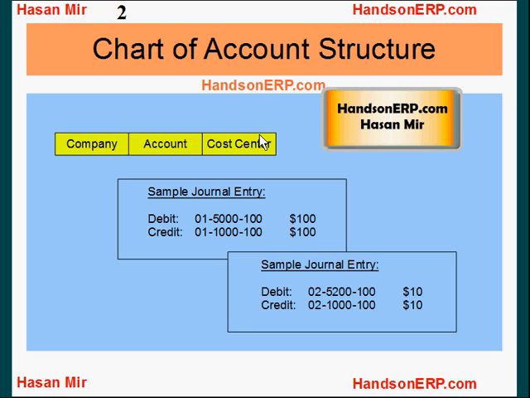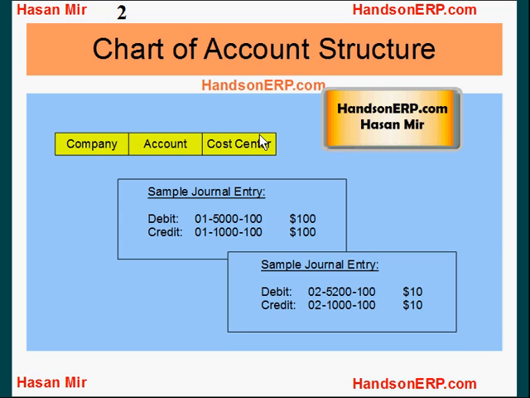Sole purpose of capturing different dimensions is reporting, so that you can report on these dimensions. If somebody asks you, okay, what was the total expense incurred by project A? If you're capturing the project in your accounting entries, then you could answer this question. Otherwise, you cannot answer this question.